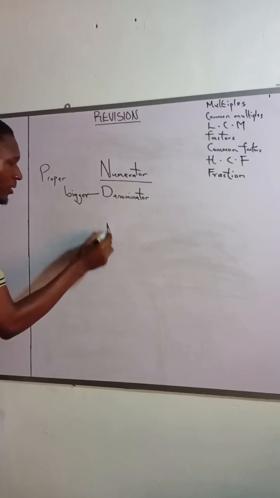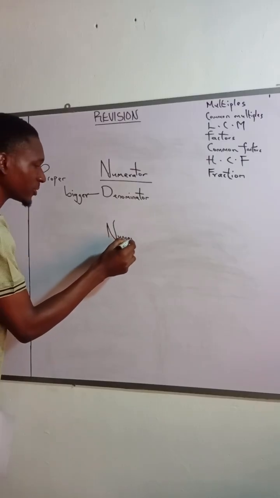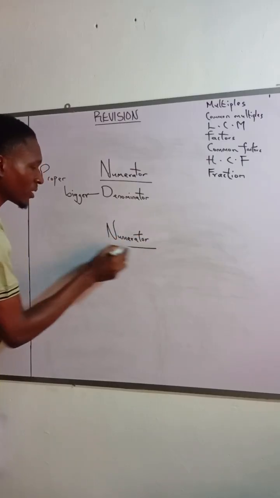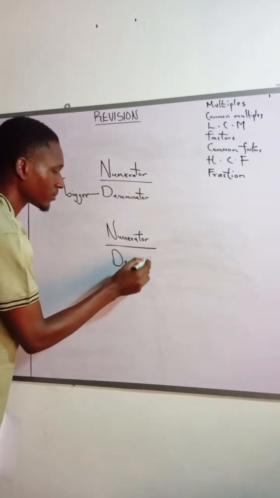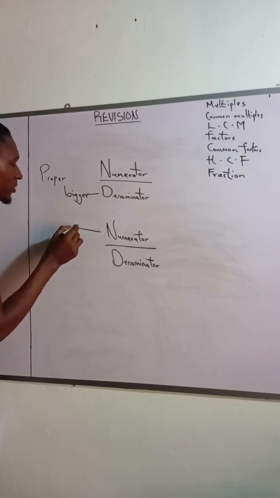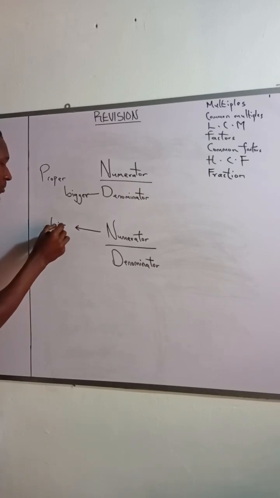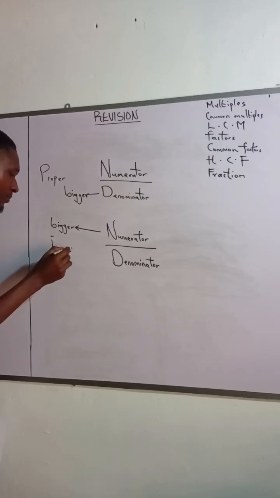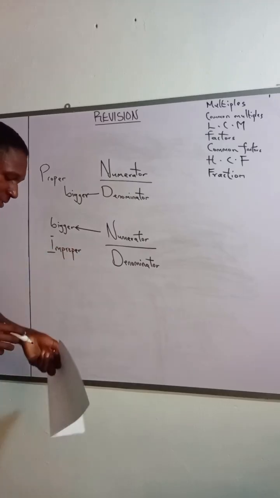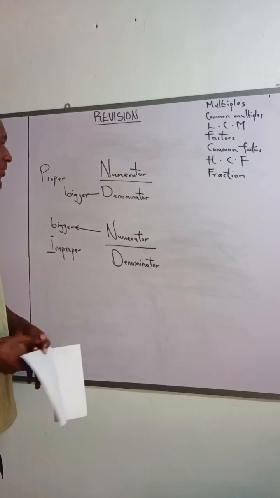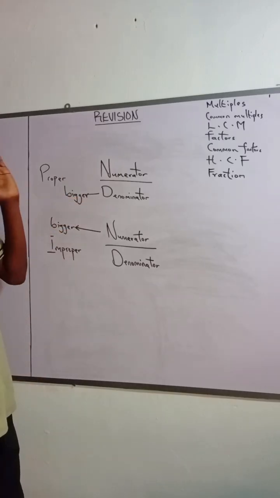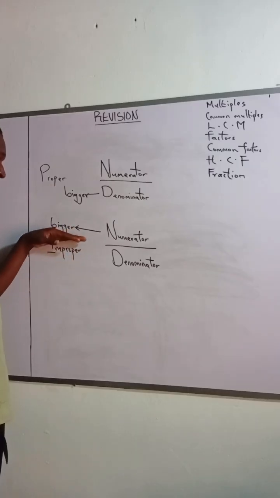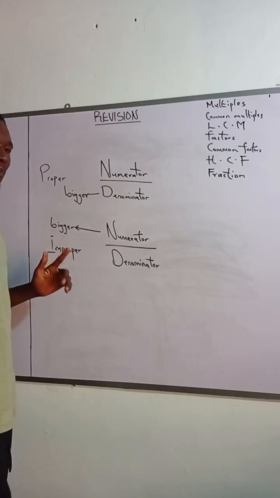And when you have the numerator all over the denominator and the numerator is bigger, it is now going to be improper. This is one of the things we did lately, so it should still be fresh in your memory. When the denominator is bigger, it is a proper fraction, and when the numerator is bigger, it is an improper fraction.